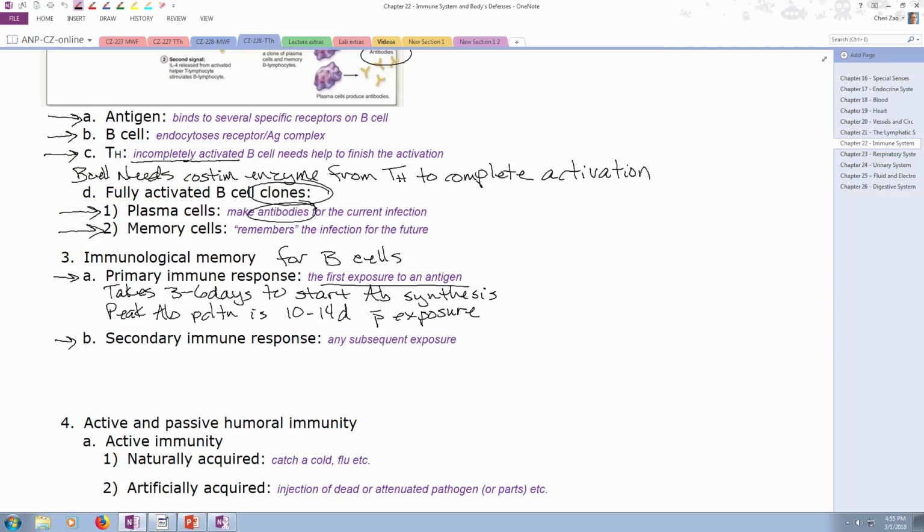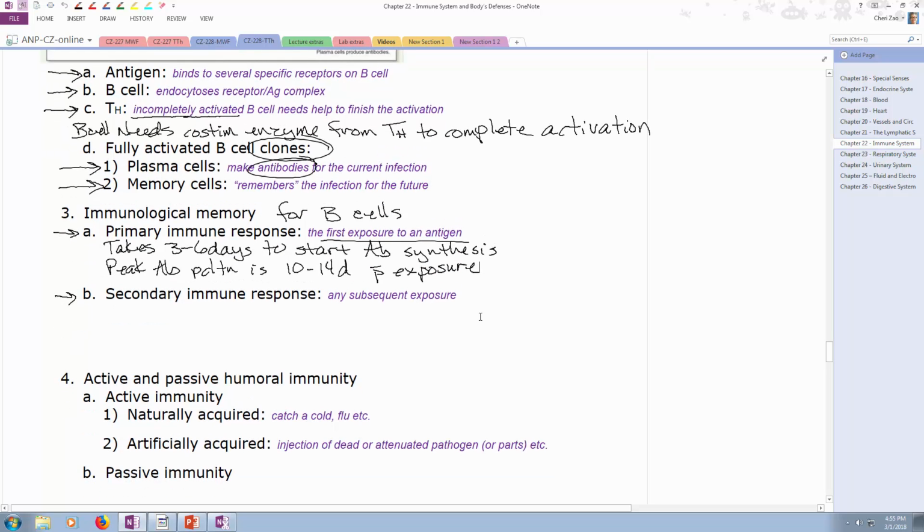However, if you have seen this pathogen before, because you now have memory cells, right? You now have activated memory cells of both the B and T cells. You guys follow me here?